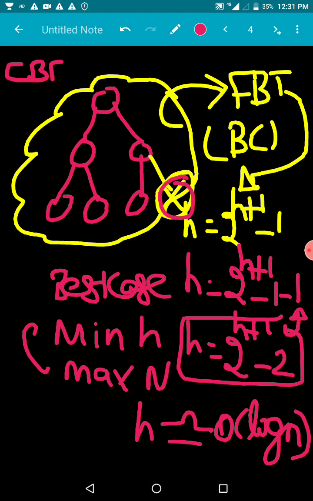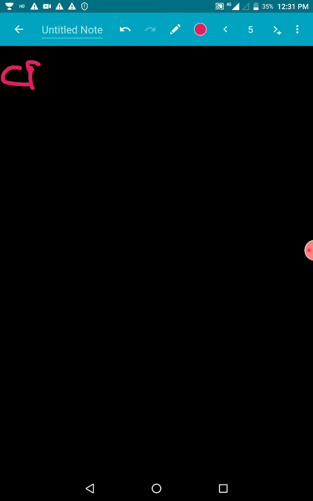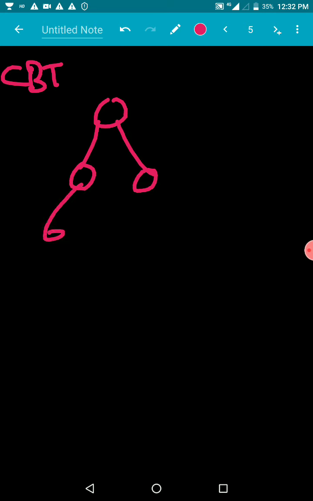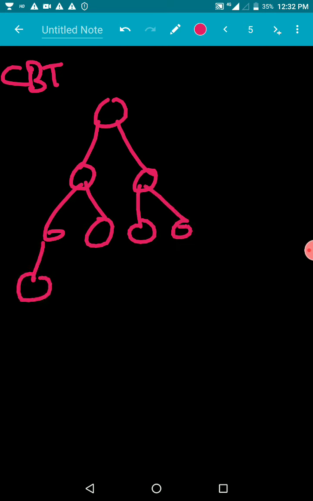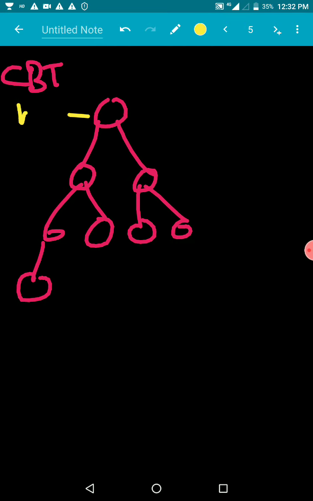Now we want to find the worst case of the complete binary tree. The binary tree looks like that. This is the worst form of the complete binary tree. Here height h equals 0, the total number of nodes is equal to 1. I can rewrite it as 2 power 0.